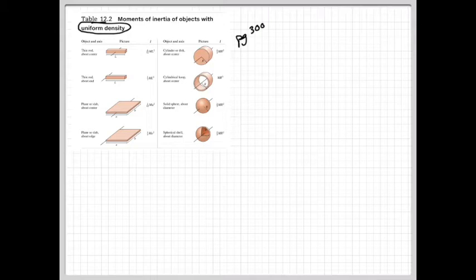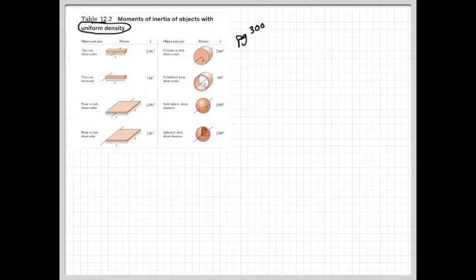Now, on AP questions, you're going to be asked to do one of two things. You're going to be asked to either calculate this, or you will be given what the moment of inertia is directly. So memorizing these is not that important. But when you're doing the homework, this is where it's going to be telling you to reference. Because it'll say things like a wheel, which is hollowed out, so that would be like a cylindrical hoop.